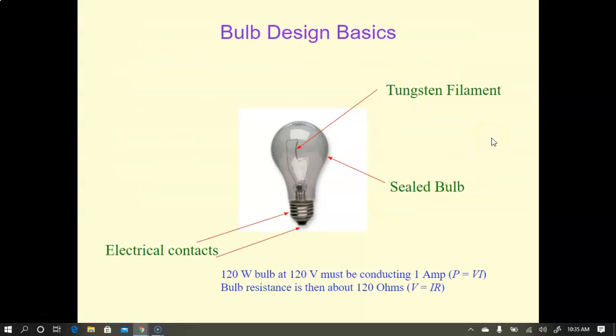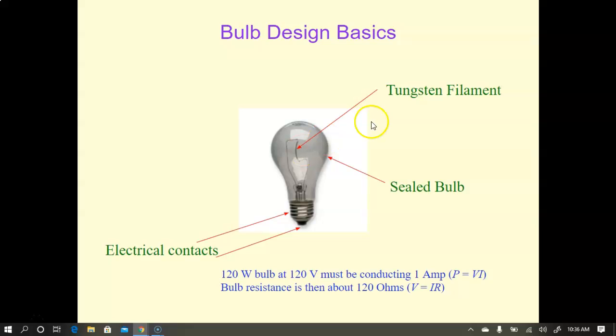All right, so looking at a bulb, here are the basics of the design. Down here at the bottom are where we have our electrical contacts. So that is where the circuit is going to be making its connections, which allow it to form the complete loop that it needs. The main functional part of the bulb is the filament that's in it.